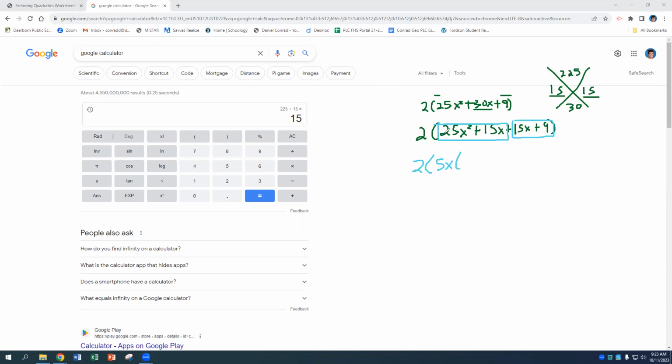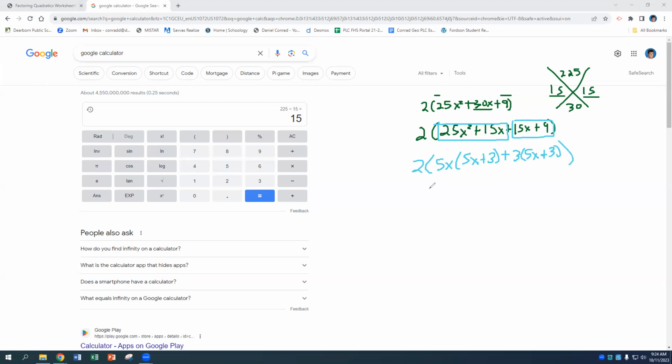Right, what's left here is going to be 5x, right? 5x times 5x is 25x squared, plus 5x times 3 is what's going to give me 15x, plus, okay, greatest common factor between 15 and 9 is going to be 3. So I'm going to factor out a 3. 3 times 5x is going to give me 15x. And then 3 times 3 is going to give me 9.